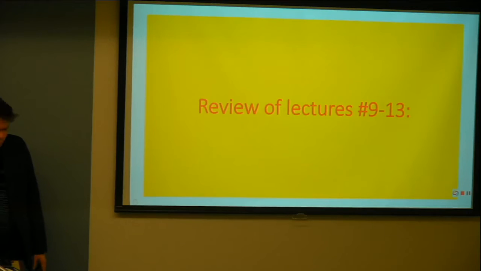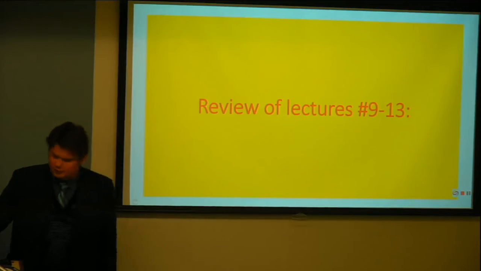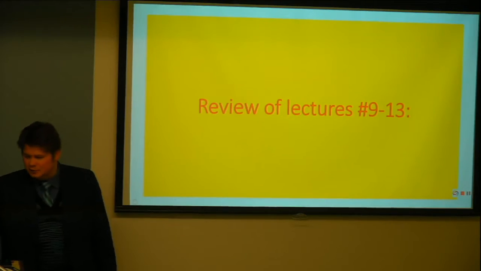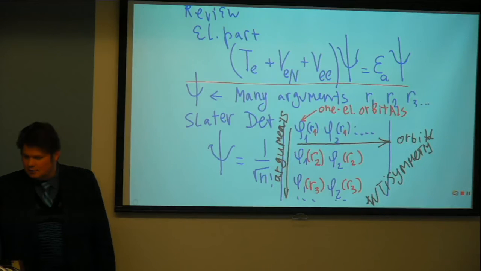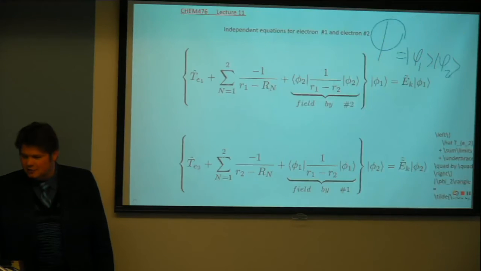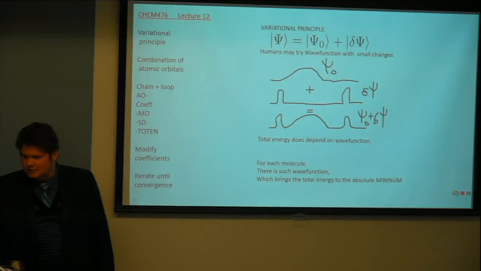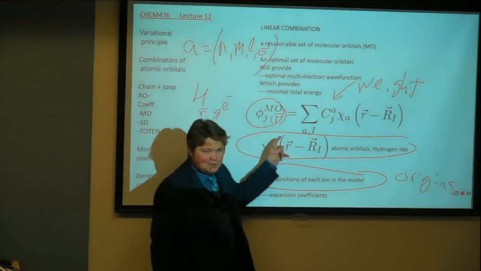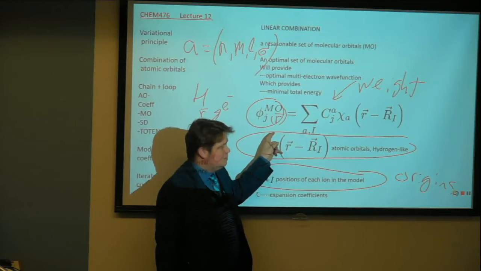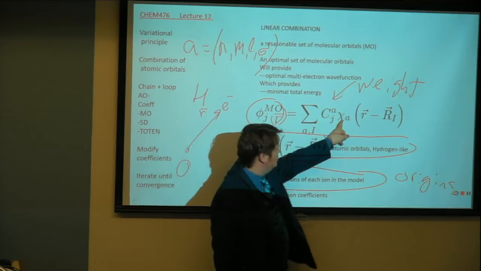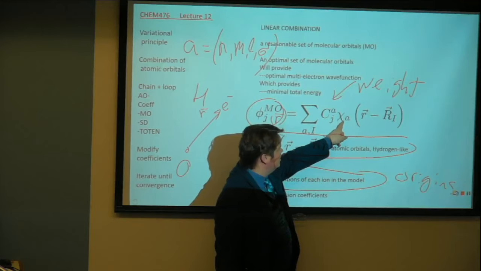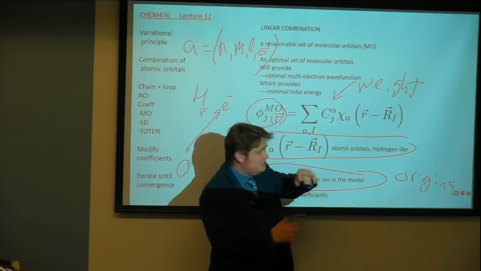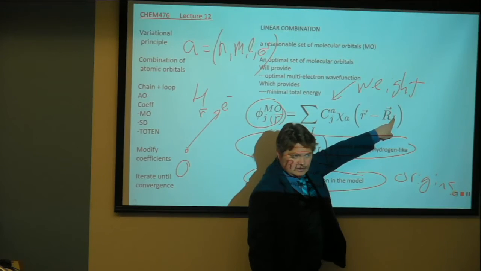So probably we do not have time for a review. I'll just quickly skim through. Slater determinant, one function, variation principle. This is important. I was drawing it on the blackboard yesterday, and these are atomic expansion coefficients, and there is a set of s, p, d orbitals on each ion, centered on each ion.